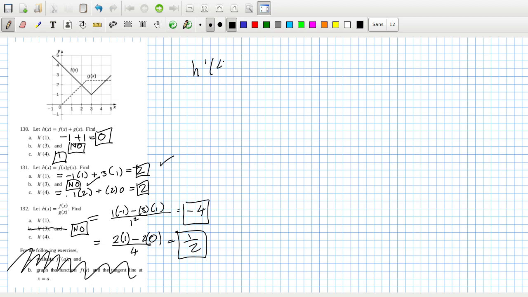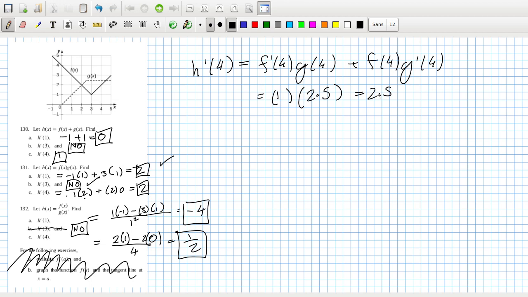H dash 4 equals f dash 4 g4 plus f4 g dash 4. So that's a 1. And that's, oh, that's 2.5. Plus 0, 2.5. So I said that's 2.